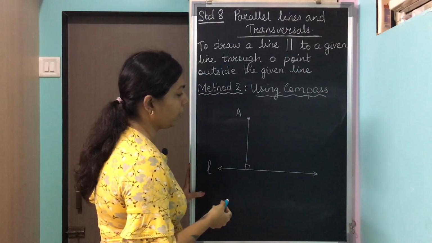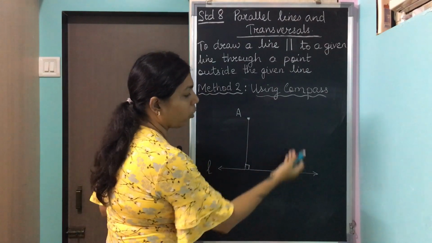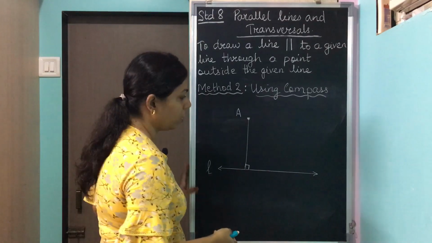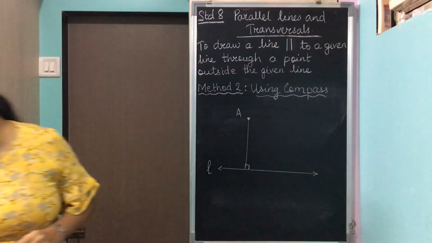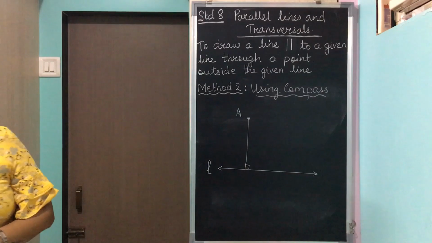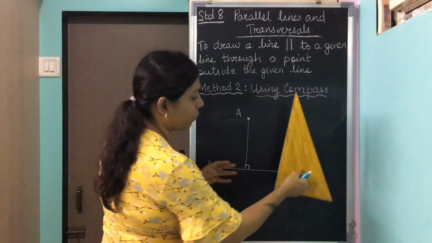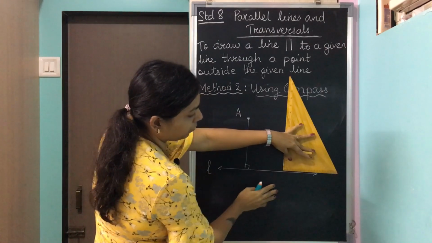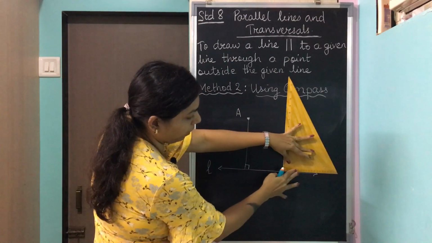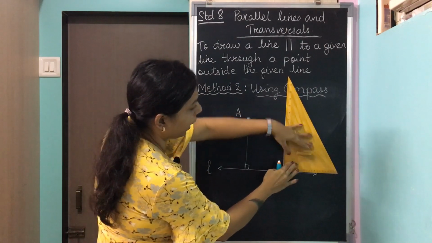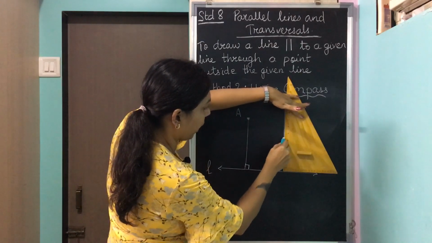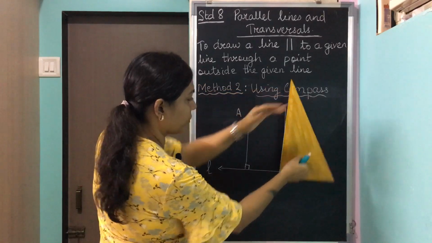Now I will draw another line on this side, another perpendicular line on this side. So for that I take my set square over here on this line, the base on this line L. Okay, and I just hold it in place and draw another line over here.